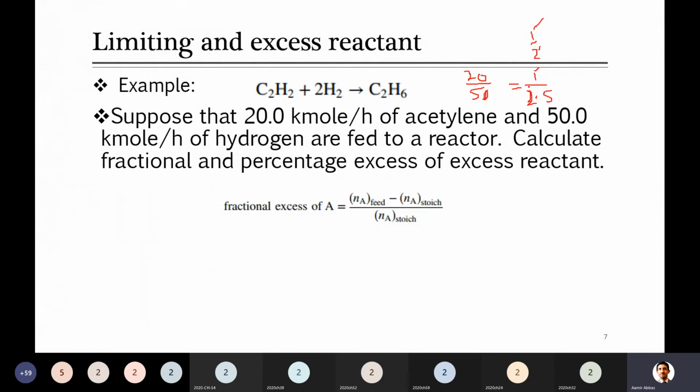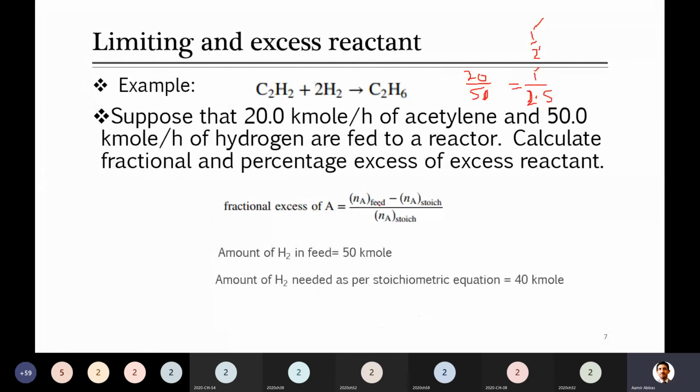Right, when it is decided that hydrogen is in excess, then you can use this formula of fractional excess. You need the number of moles in the feed. How many moles in the feed? 50. Hydrogen is 50. What will be required as per stoichiometry here? 40.